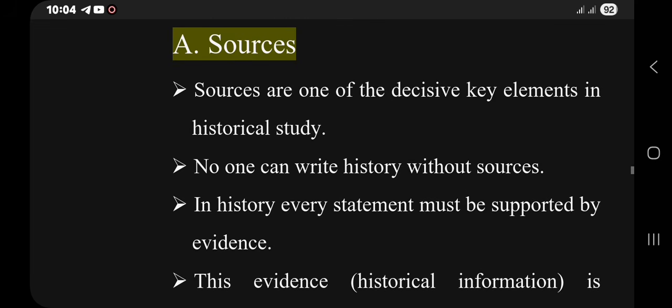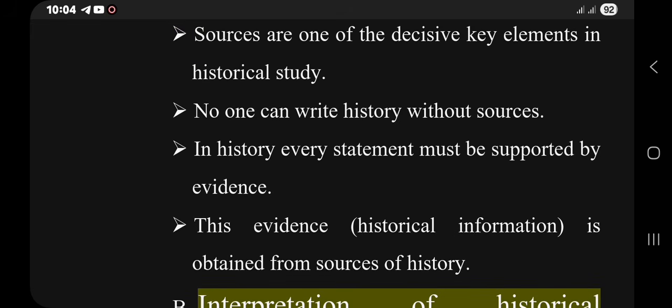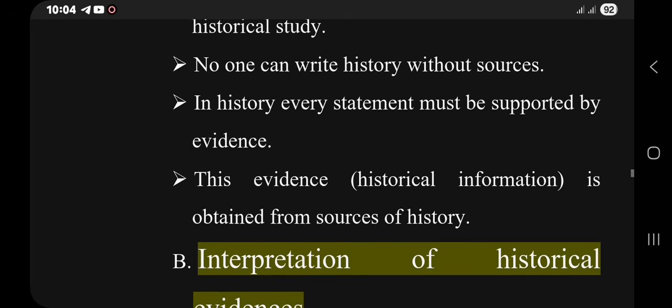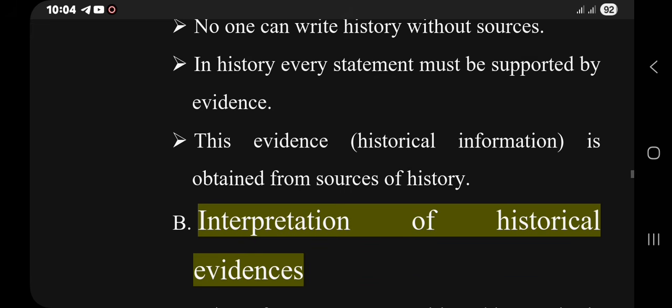As you know, every statement of a history must be supported by evidences. These evidences or historical information is obtained from sources of history. So, sources are a major key element of historical study.